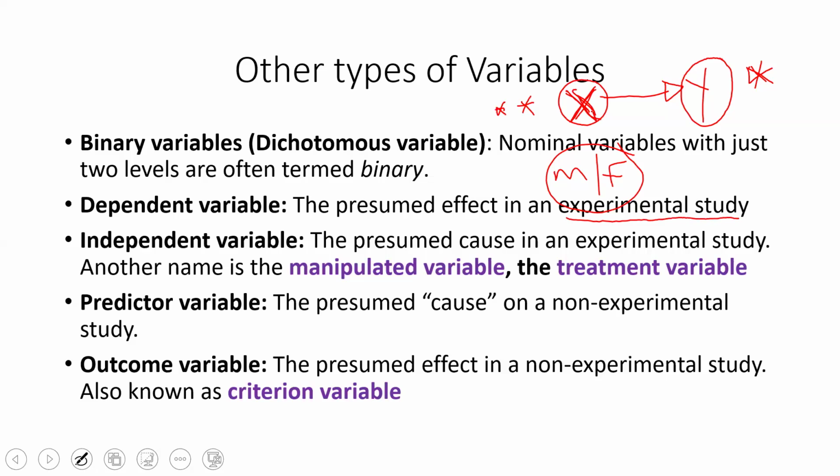If our research is not an experiment, and you are trying to look at the possible relationship between the number of hours you spend reading and exam scores, let's assume that is not an experiment.